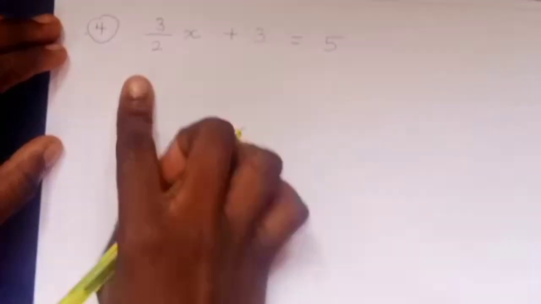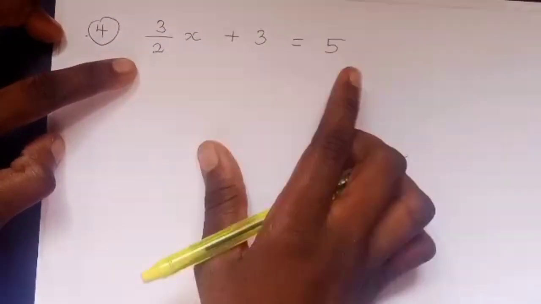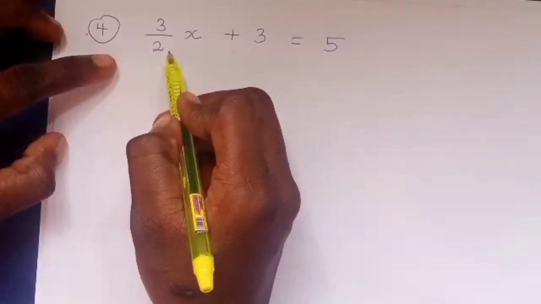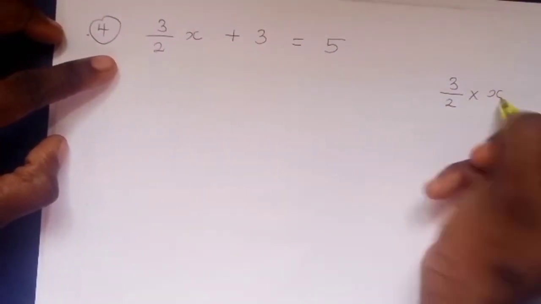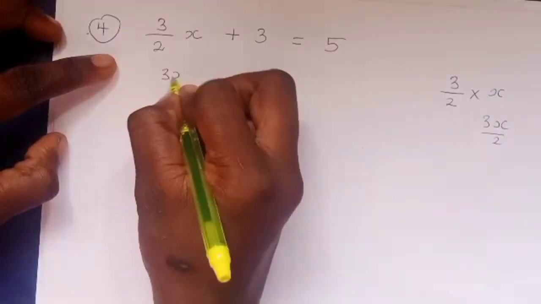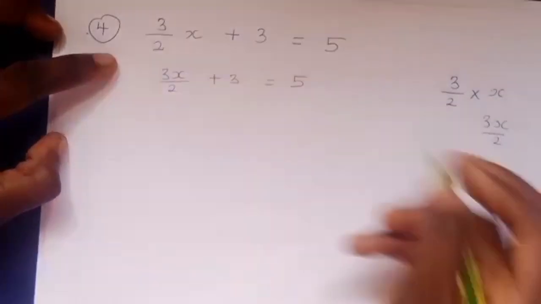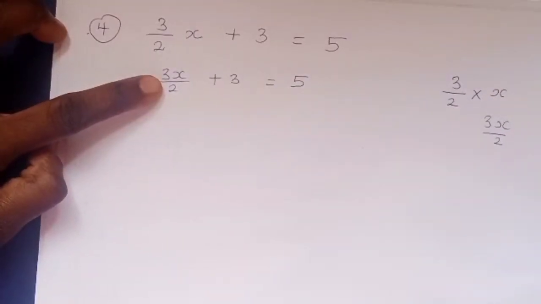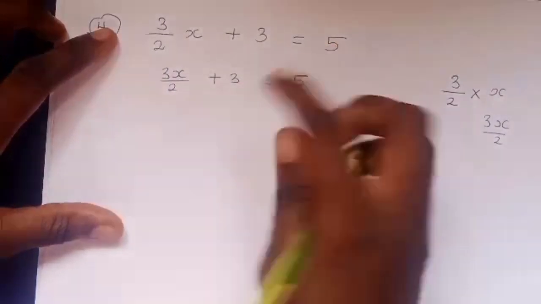Now this is example 4. 3/2x plus 3 equals 5. This is also the same thing as 3/2 times x, which is also 3x/2. So let's write this out first. 3x/2 plus 3 equals 5. And you know x is supposed to stand alone, but before x will stand alone, we need to get rid of this 3.